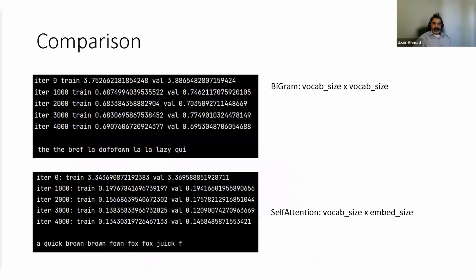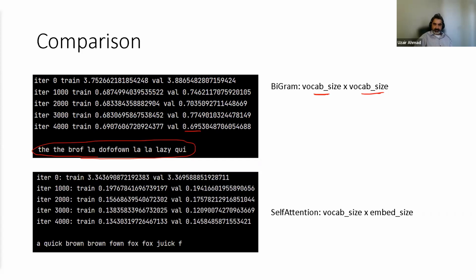Before we conclude, a small comparison with the last time we talked about the bigram model we trained in PyTorch. We used embeddings of vocabulary size by vocabulary size, and we used that peculiar sentence of the quick brown fox jumps over the lazy dog, and this was the output. Validation loss was up to 0.69.